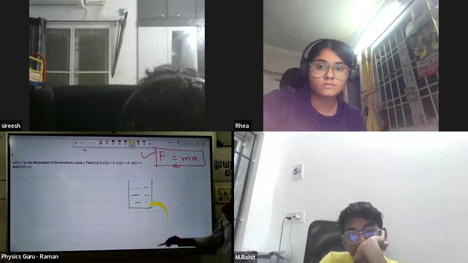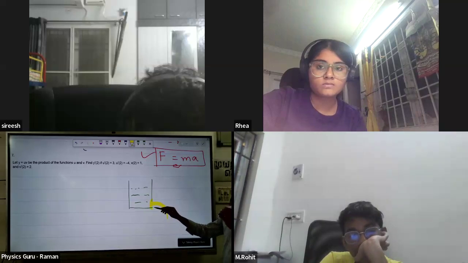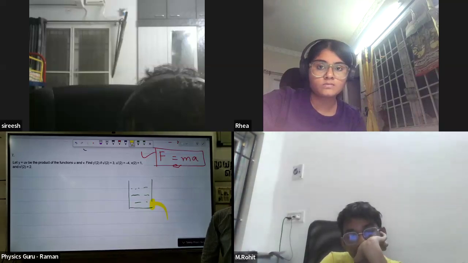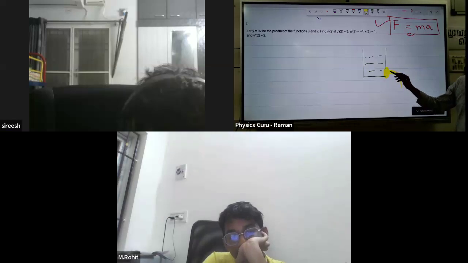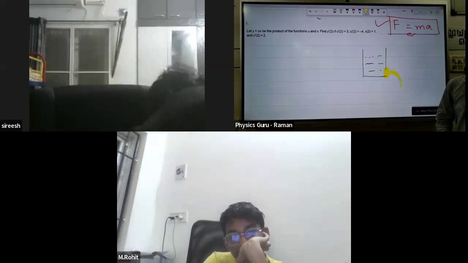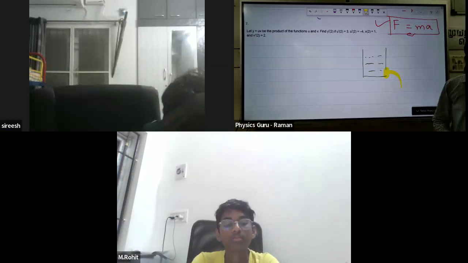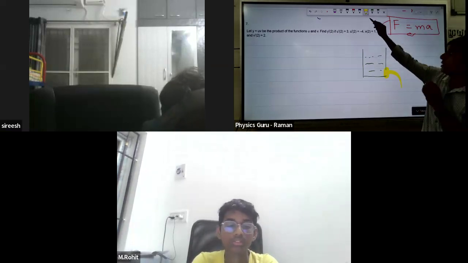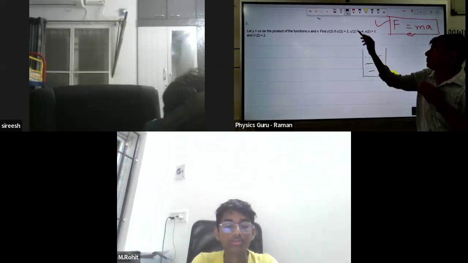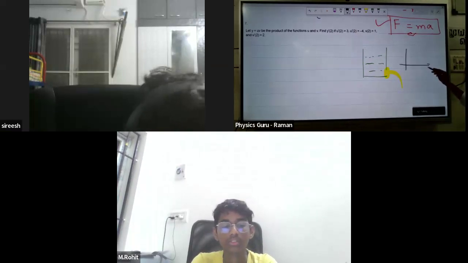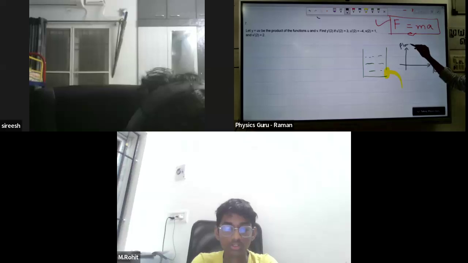So the water will start to flow outside. Depending on the radius of this opening, we call it an orifice, the radius decides how much water has to flow outside. Got it? If the radius increases, flow will also increase. So, I can plot that as a graph: radius versus flow. When the radius increases, flow increases. Am I right?